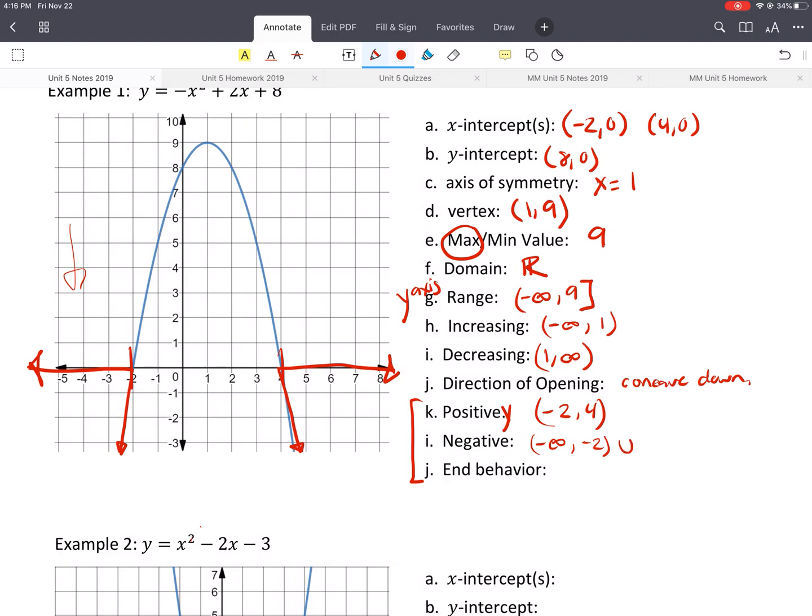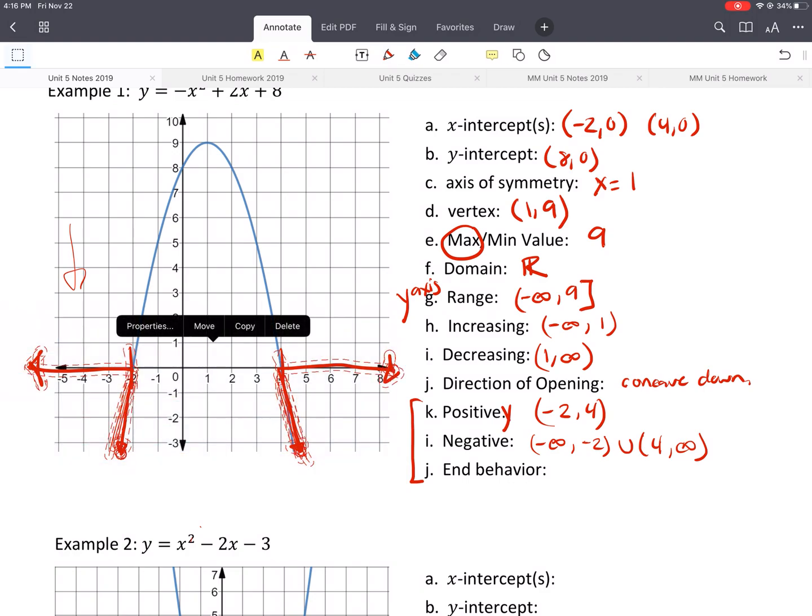And then it would start again at 4 all the way to infinity. Because all of these are negative values, and they would continue to go all the way to infinity. And then end behavior.